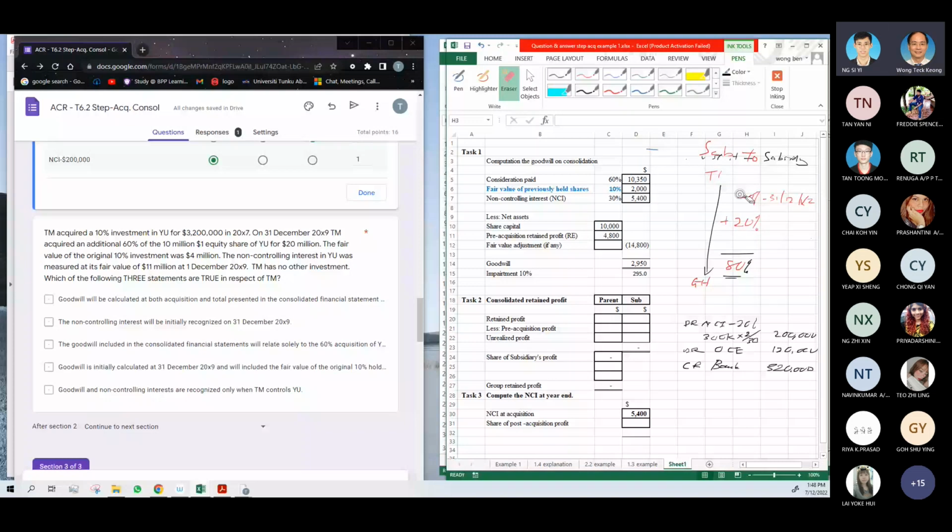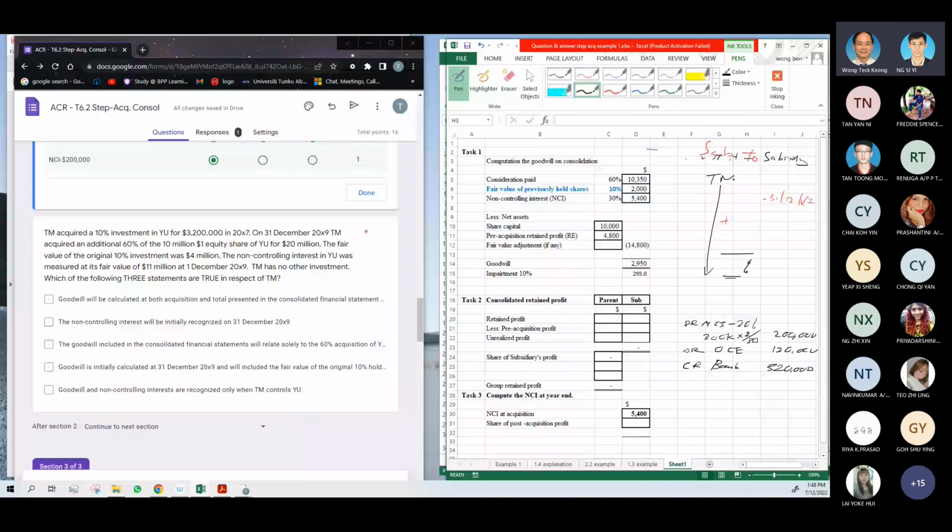Usually when you make a drawing, it's much easier for you to understand. So TM acquires YU. So you have 10%. So you bought another 60%.